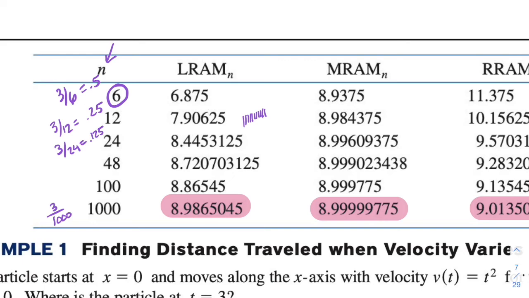Okay, remember the area is 9. So we get closer and closer to the exact area the more subintervals we have. I am not going to make you do more than like 4, 6, or 8. I think that's a lot. So we'll stick with a low number. And you just have to make sure that you find out how wide your interval is based on your subintervals.